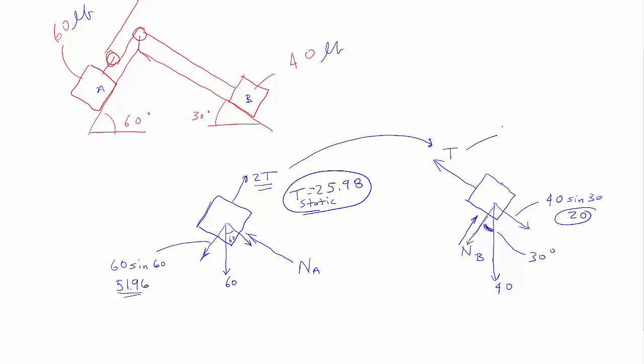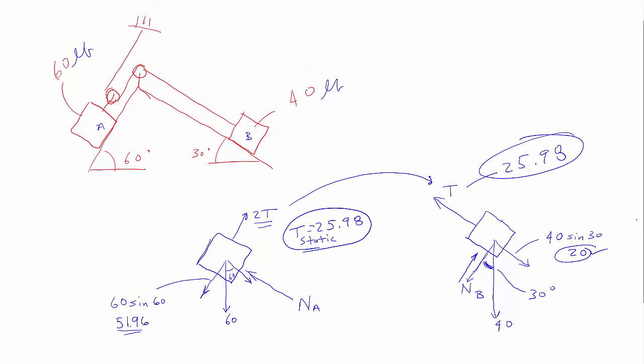But if this thing is 25.98, then this force overruns this one. Therefore, since this is larger, the motion occurs this way. This one moves up the plane. This one moves down the plane.